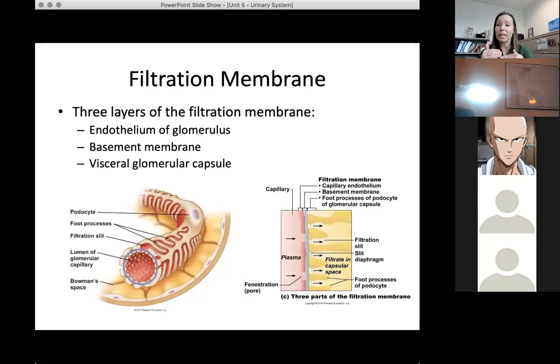If it is an active process, it requires energy to happen. If it's a passive process, it doesn't. This is a passive process where pressure forces fluids and solutes across a membrane.